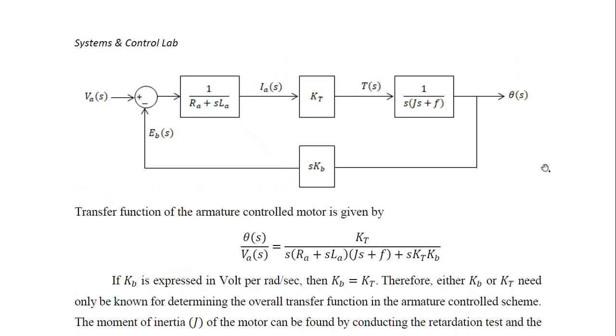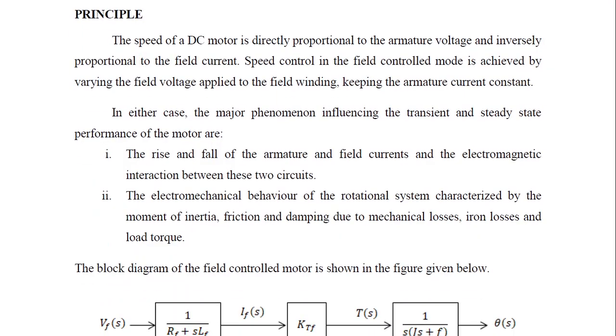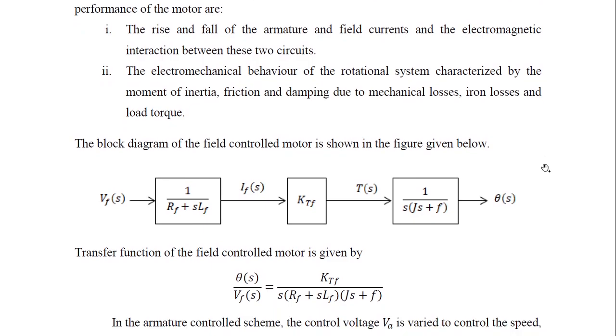Okay, so similarly we have the transfer function of field controlled motor, DC servo motor, like this, that is theta of S divided by Vf of S is equal to Ktf divided by S into Rf plus SLf into Js plus F. So F is same as that in the armature controlled DC servo motor.